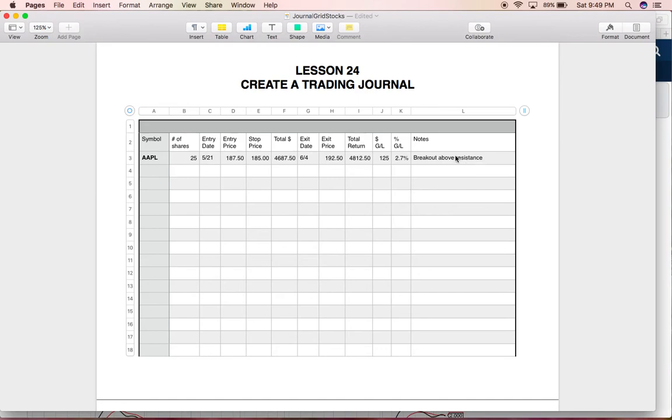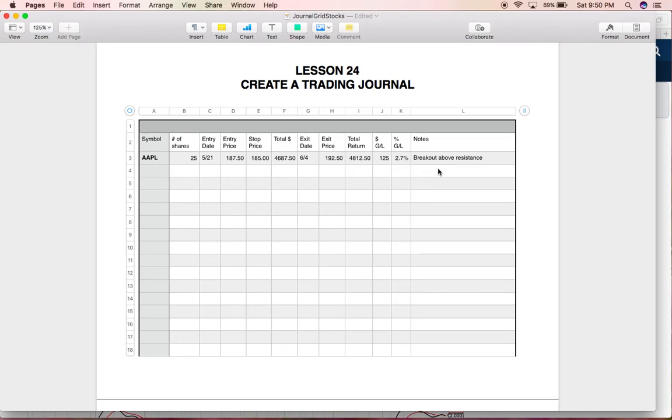You may want to write a bullish engulfing pattern, hammer candle, breakout above resistance, pivot point, 9-20 crossover, all the different strategies that I've gone over in these previous lessons, as well as others you may learn in the future.